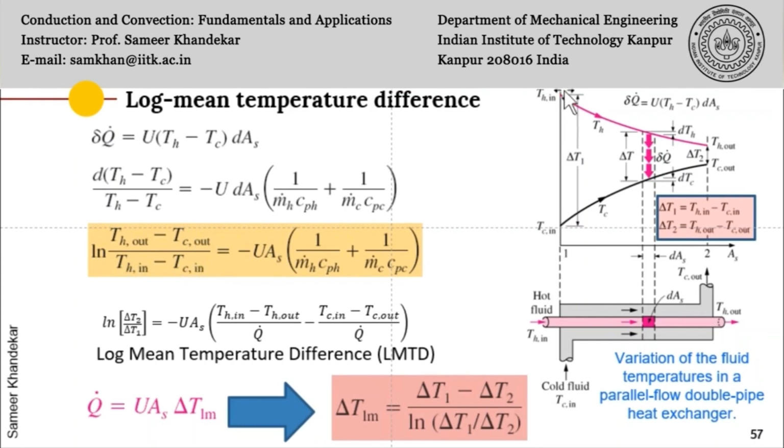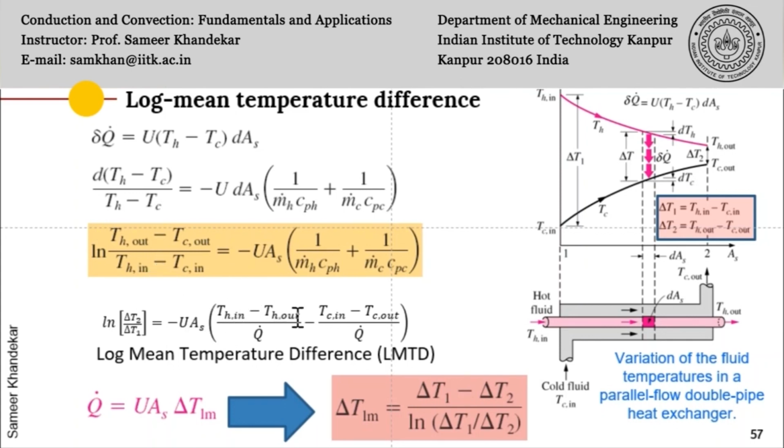Incidentally, as you can see on this figure, Th out minus Tc out is the temperature difference on the right hand side, denoted here as delta T2. And Th in minus Tc in is the temperature difference at the inlet of the heat exchanger. So delta T2 divided by delta T1, the change in temperature at the outlet divided by the change at the inlet, is equal to minus UAs when you integrate this.